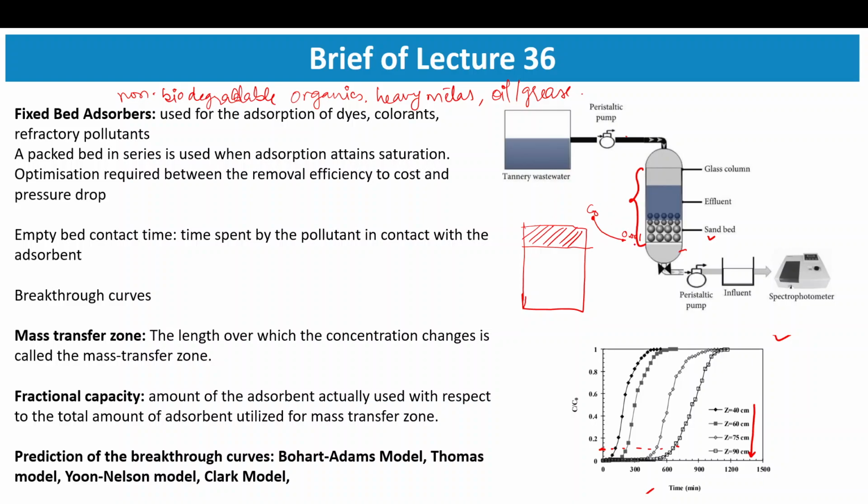It reduces to 0.001 in this much length of the bed only. So only this much region is utilized for the time being, and after that, wherever the water passes, no adsorption takes place. This is the mass transfer zone. The mass transfer zone is the area in which the actual adsorption takes place.